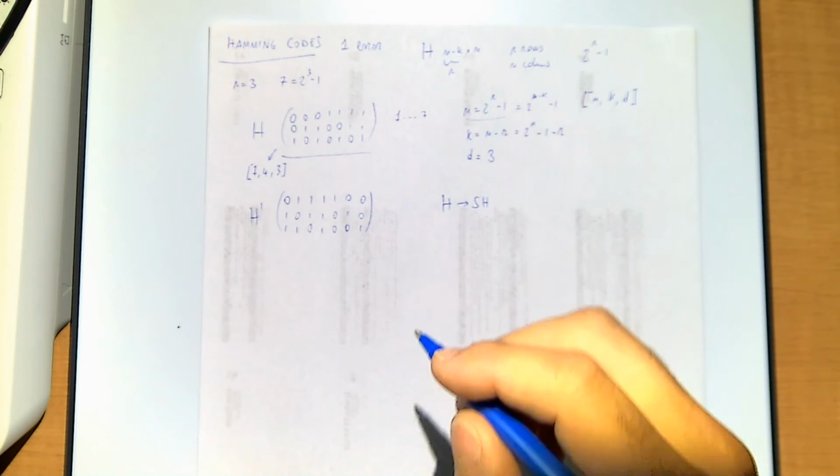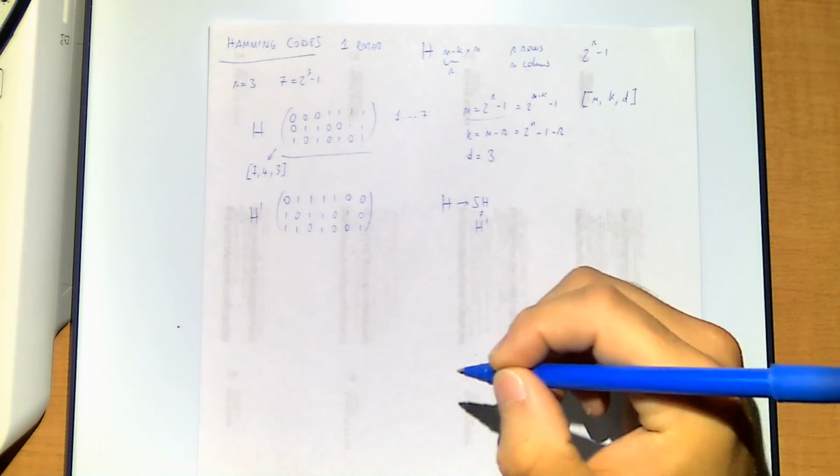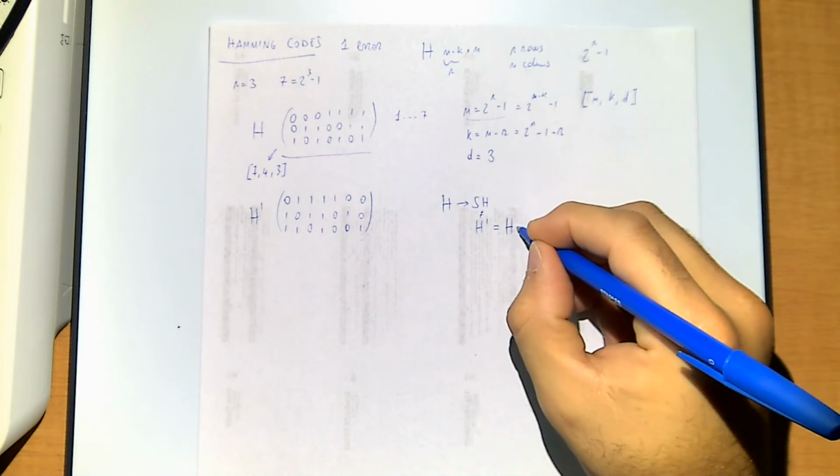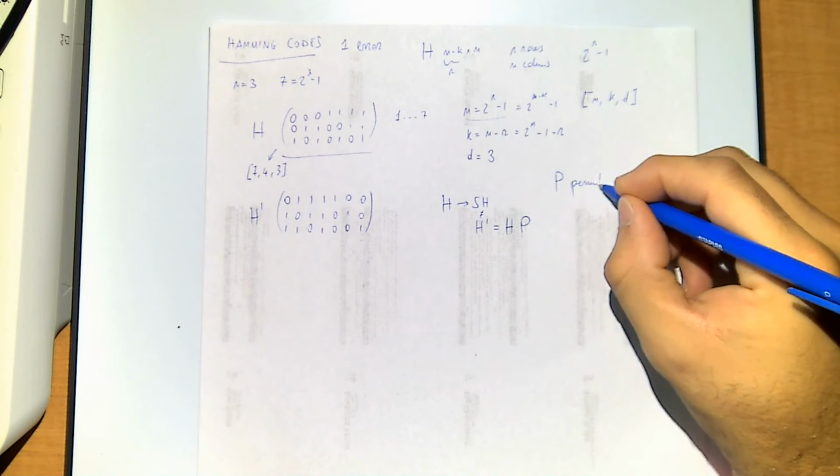But this is different. H prime is not in this form, but it is in a different form. H prime, in fact, is H times P, where P is a permutation.